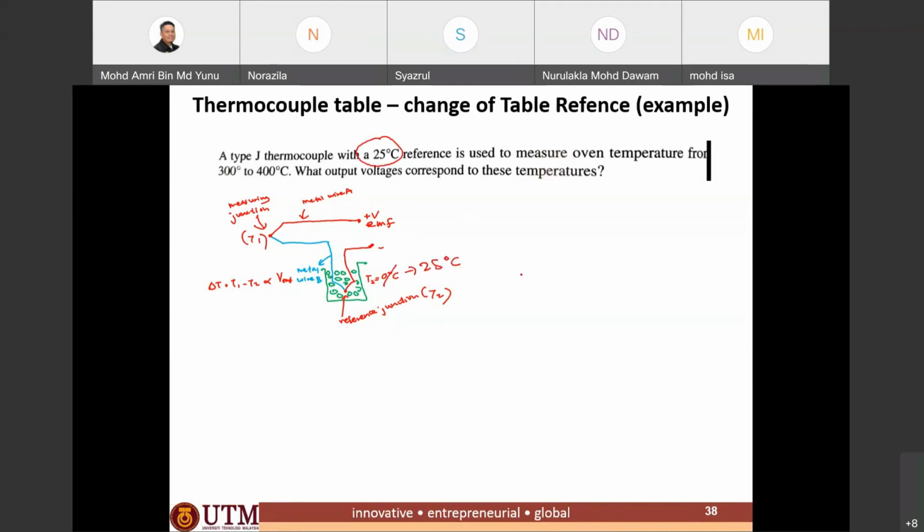So what is the voltage output at 300 degrees Celsius and 400 degrees Celsius?